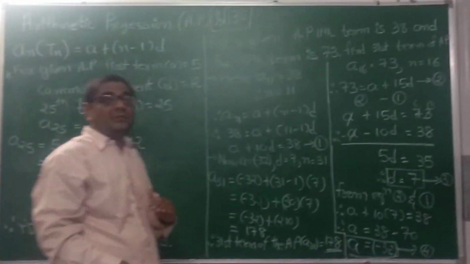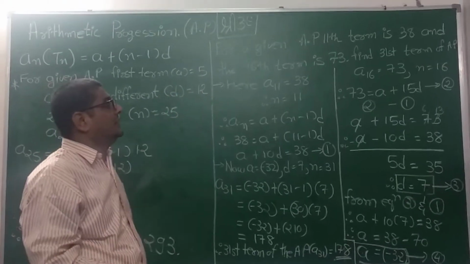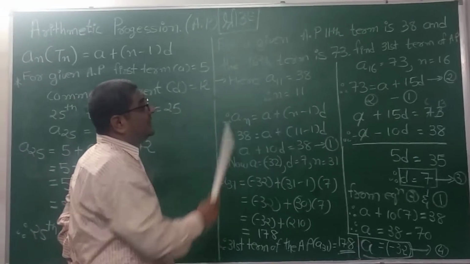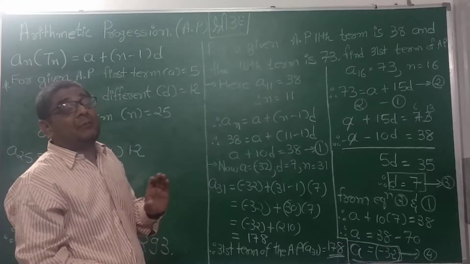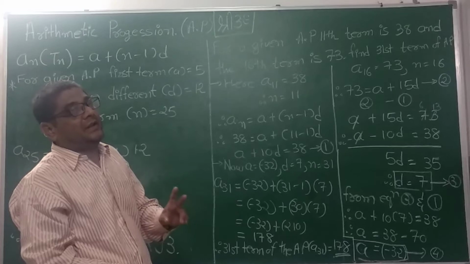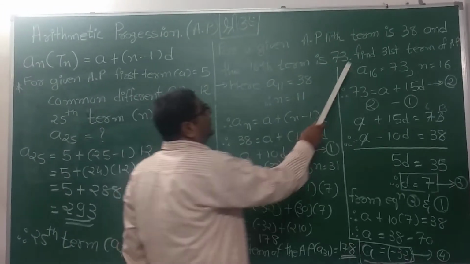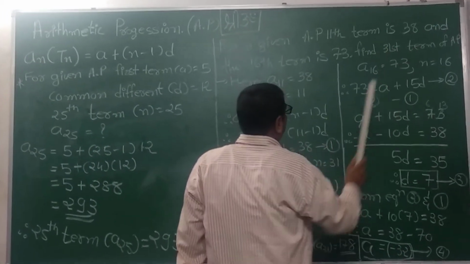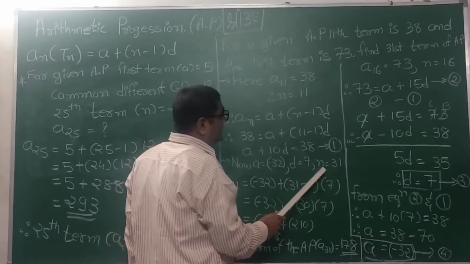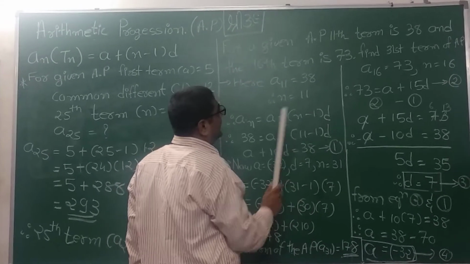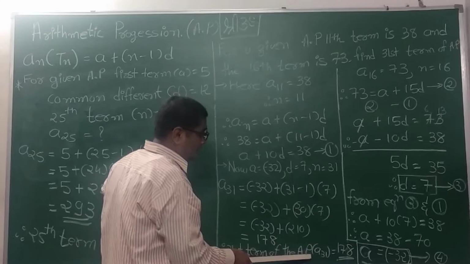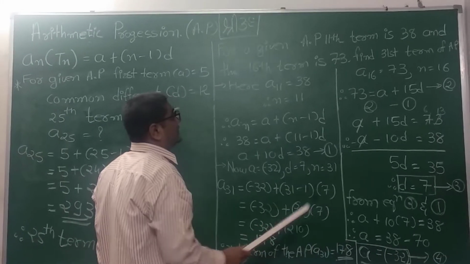Means 2 terms with respect to their numbers are given. With the help of that we will form linear equations in 2 variables. We have to find out the 31st term, that is, n is equal to 31 and A31 is the question.